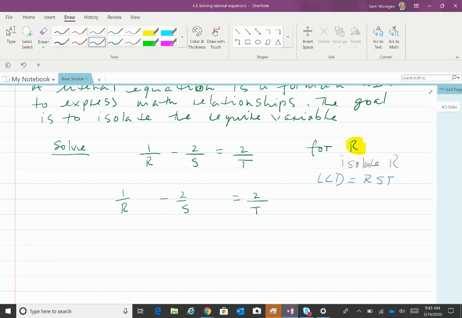Now we're going to multiply everything by r, s, t. And now we're going to go ahead and see what will cancel out. So r cancels out with r, s cancels out with s, and t cancels out with t. And we have st minus 2rt is equal to 2rs. So the goal here is to isolate the terms that have r first.